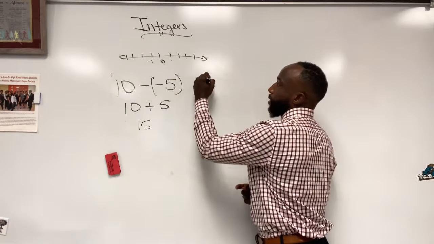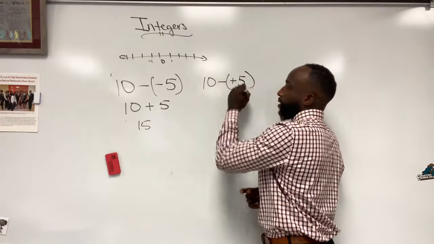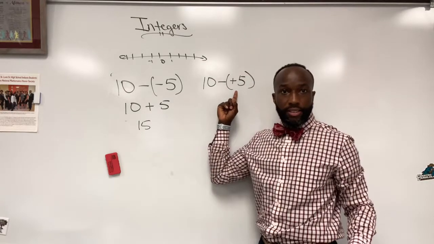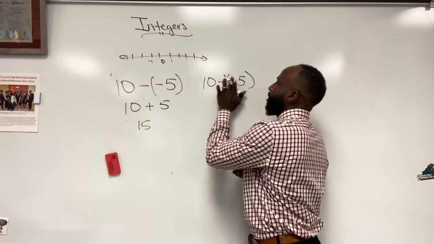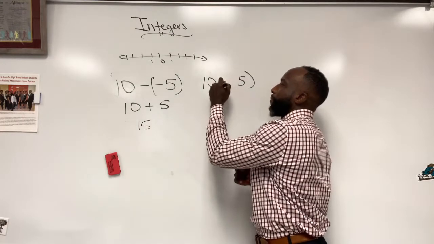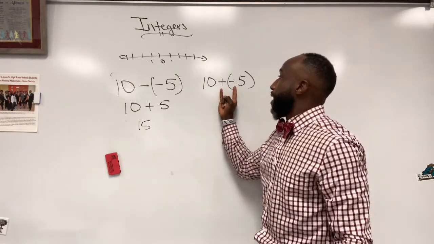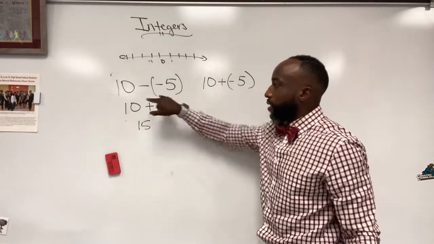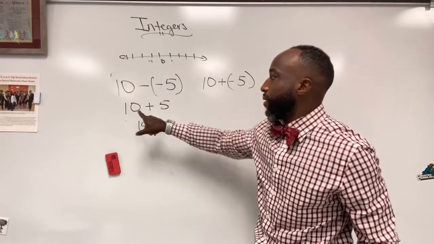Now, if I have a situation like 10 plus -5, that's plus negative. Minus negative is the same as a negative times a negative being a positive.